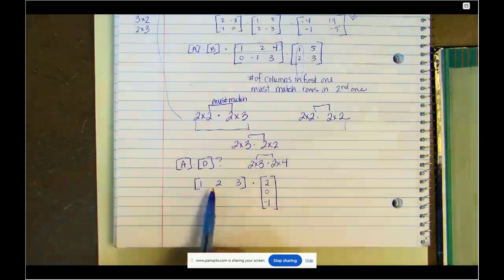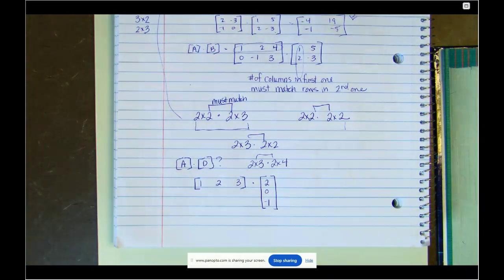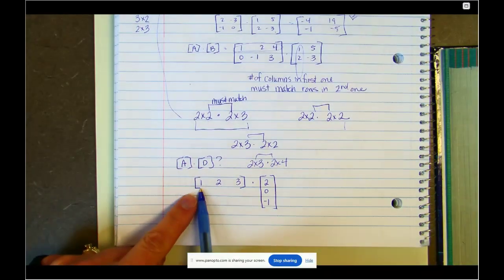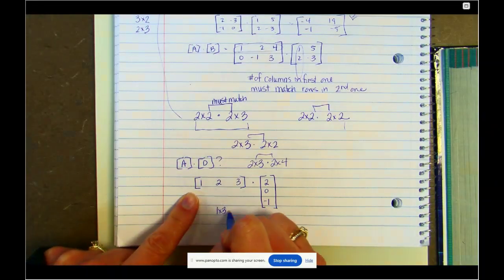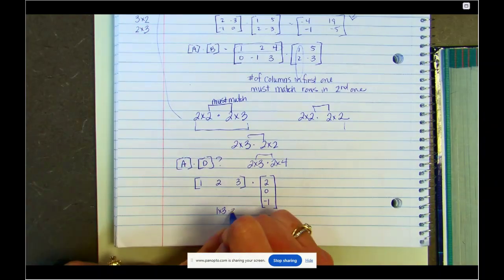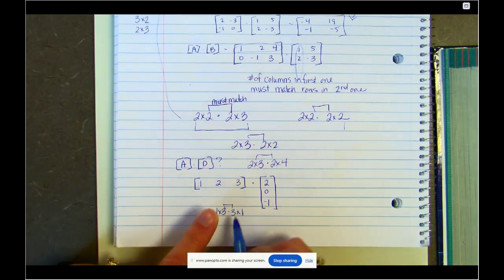This is why that little trick is handy to know, because otherwise you're wondering what numbers to put in which places. What are the dimensions of this one? This is a 1 by 3. What are the dimensions of this one? 3 by 1. Those match, leaving you a 1 by 1.